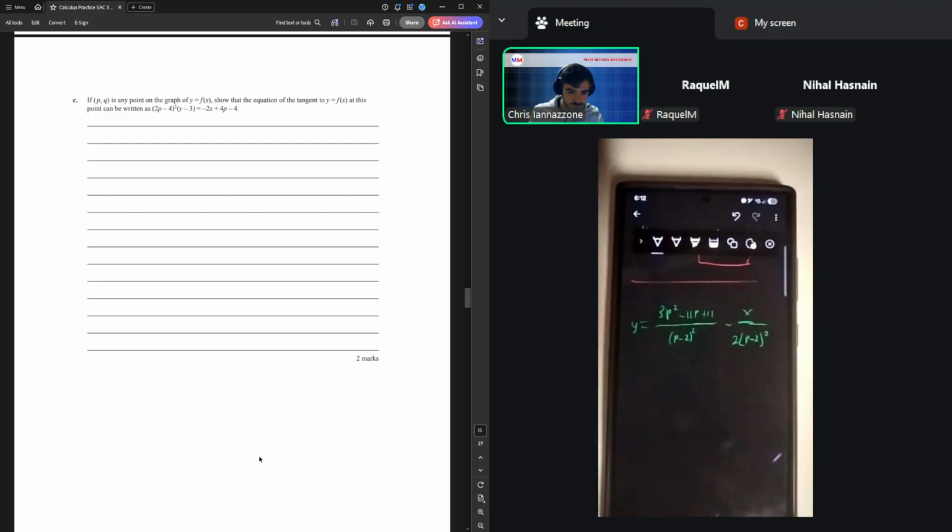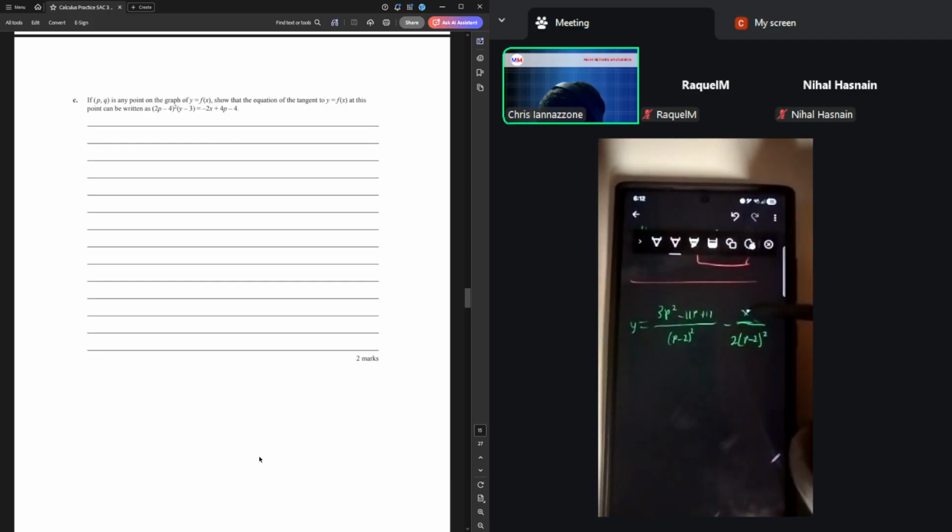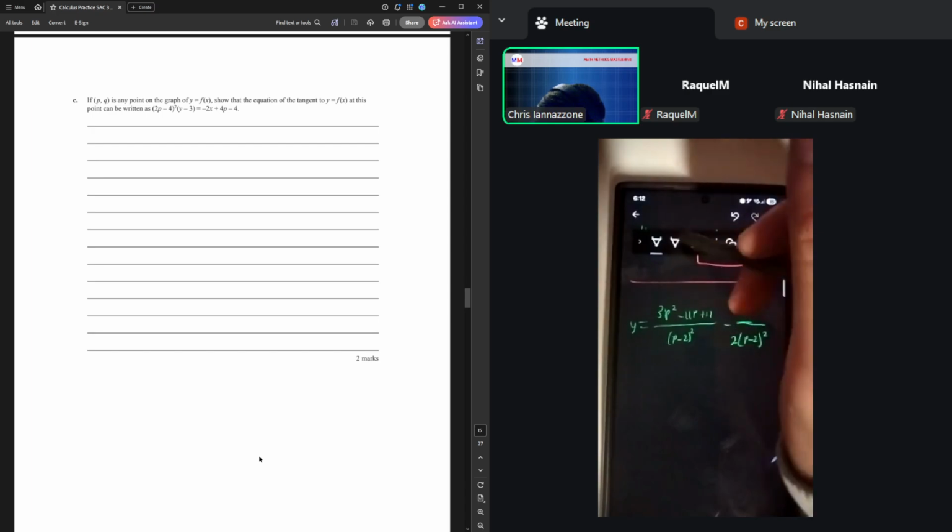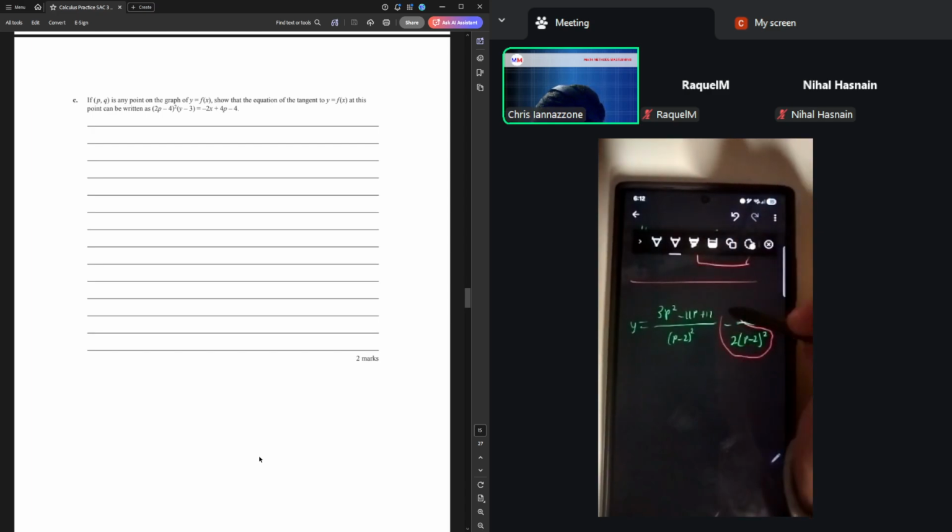That's our linear. Might not look linear, but if this is a function of y in terms of x, then the only x in here is degree 1, so it is still technically linear. There's your gradient term.